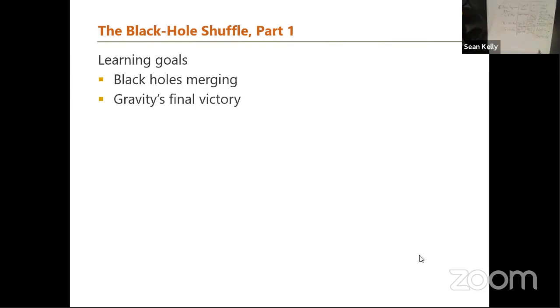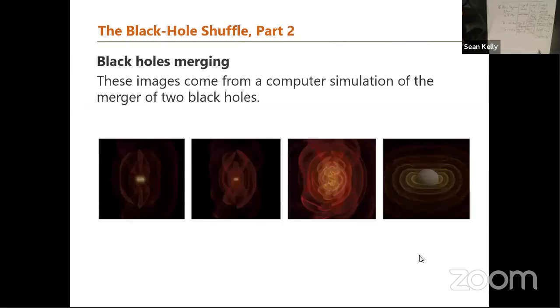This is really exciting. In very recent news, in 2015 we were able to see two black holes merging for the first time. This is a simulation showing what happens. When two black holes merge, they orbit as companions, faster and faster, until they finally merge.